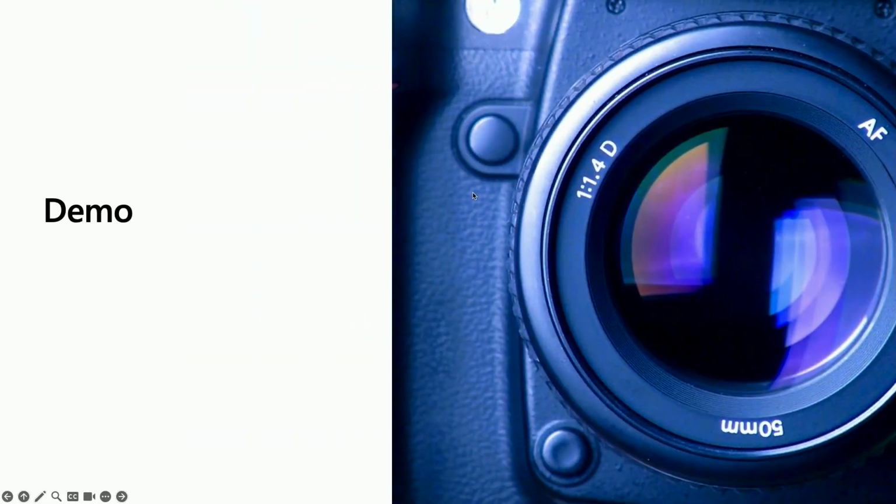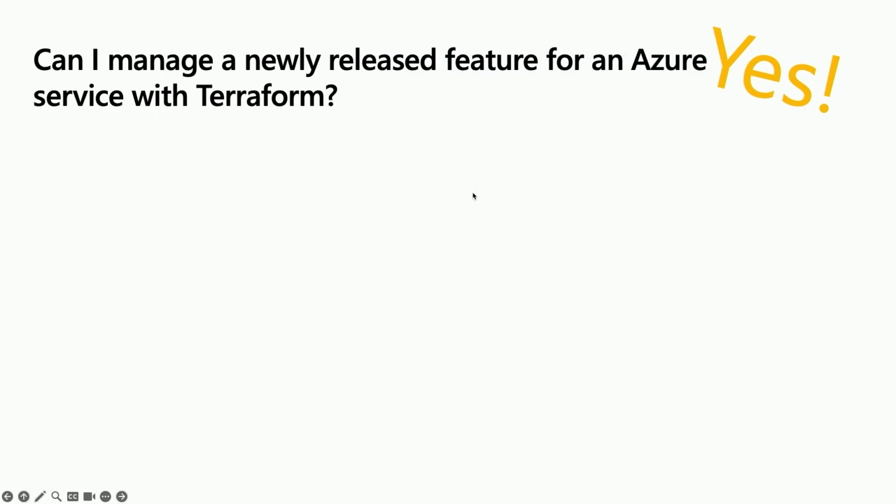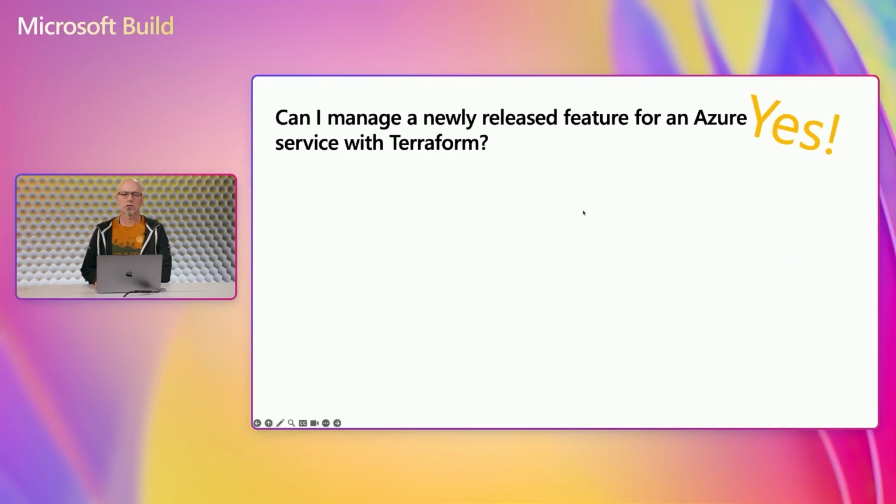So let's jump back here and see what else you can use the AzAPI provider for. Not only can you manage new services with the AzAPI provider, but there are a lot of services, Kubernetes is a prime example, in Azure that iterate very quickly.